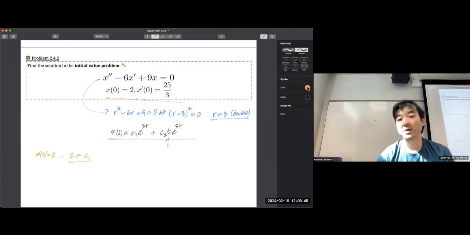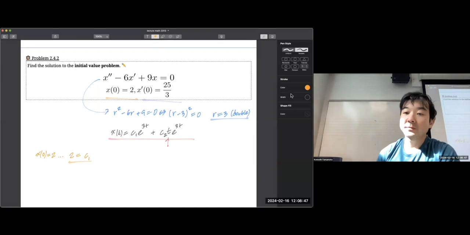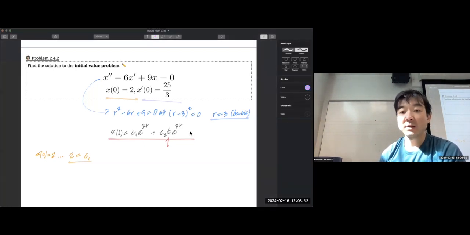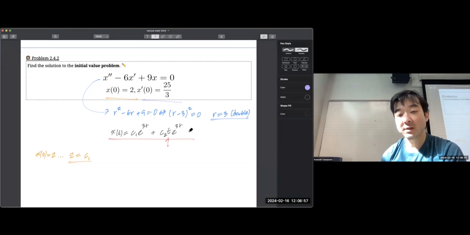Let's do the other condition, which is the derivative condition. This requires us to compute the derivative. So the derivative of this, x prime of t, is equal to 3c1 e to the 3t because of the chain rule, plus there's a c2 that I'll leave out and then do the product rule.